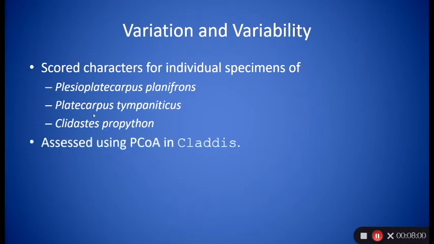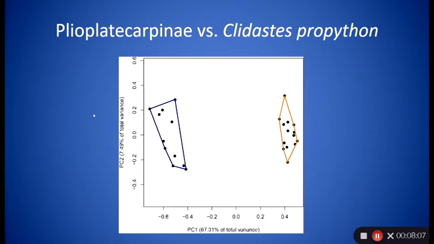Now for this, I ran the same metrics in Cladis, and on the next slide, you'll see those data shown here in this PCA plot, where you've got highlighted here in blue, these are the two plioplatycarpine taxa. In orange, you're seeing the single species Clidastes propython.